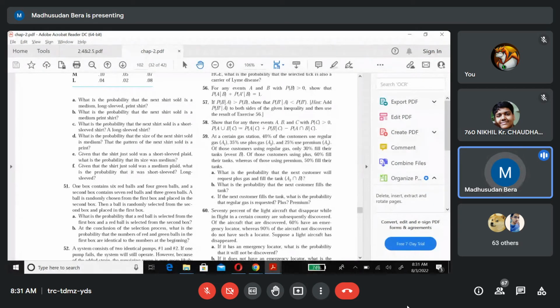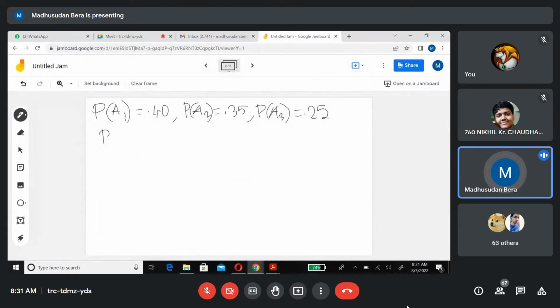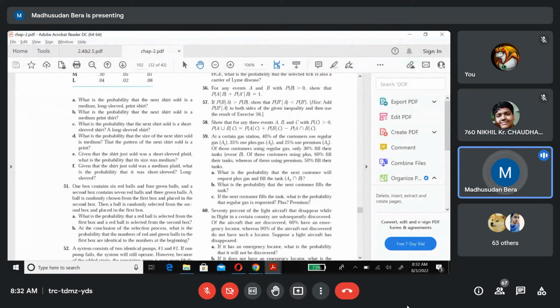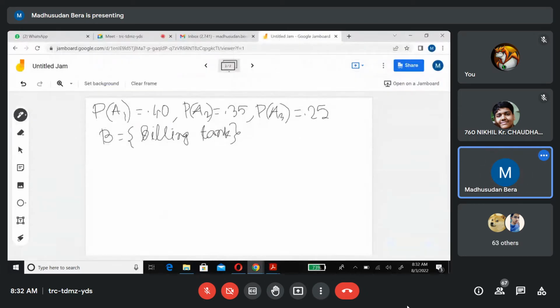Event B is filling the tank. So among those who are using regular gas, 30% fill the tanks. That means P of B given A1 is 0.3.